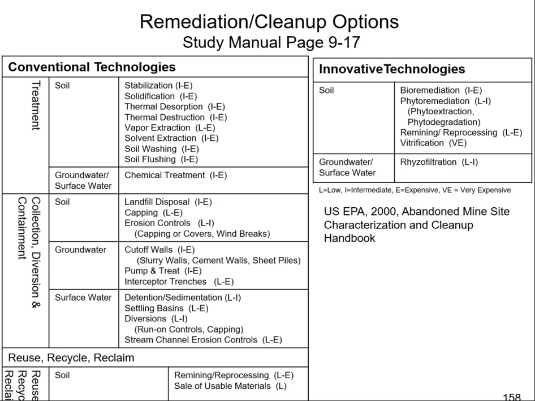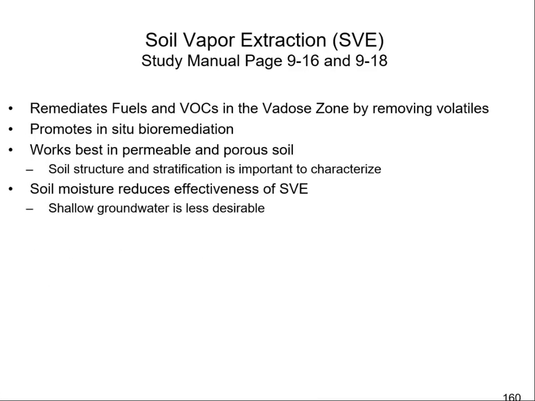So one other thing I want to say here is about soil vapor extraction, because they tend to like those terms. These are for fuels and volatile organics in the vadose zone. So these are the LNAPLs, and it removes the volatiles by vaporizing and allowing them to escape through the soil. The process itself will promote in situ bioremediation.